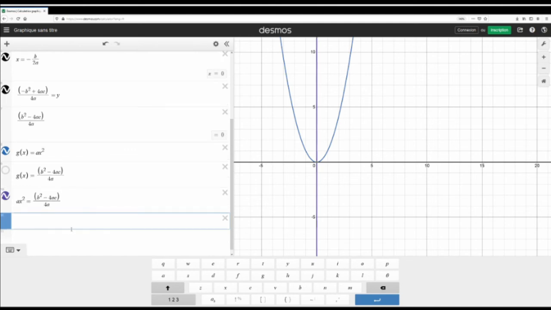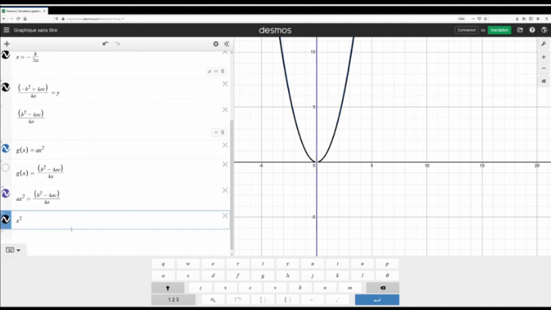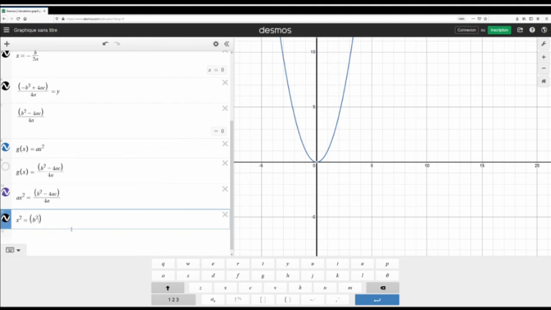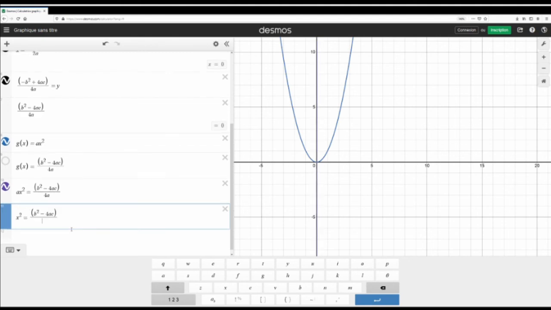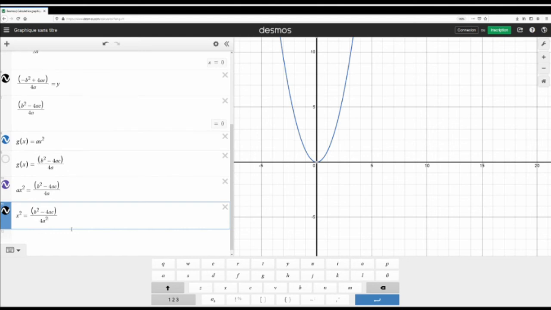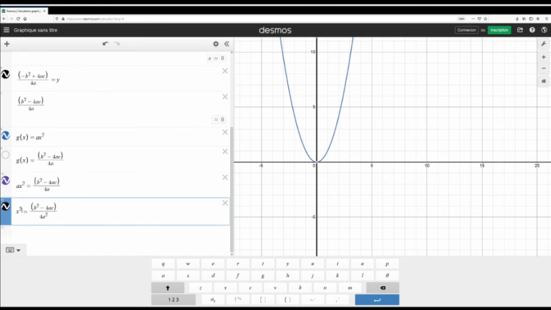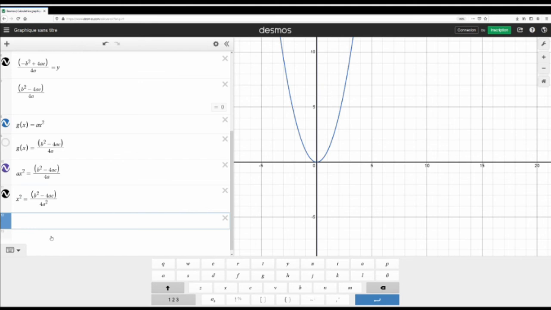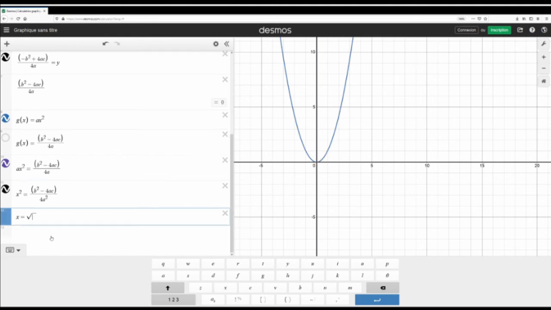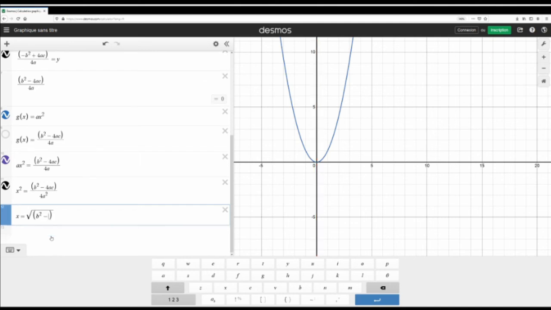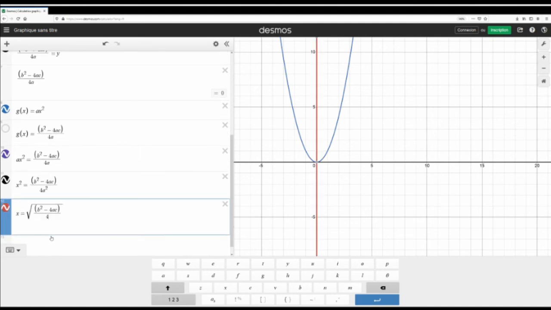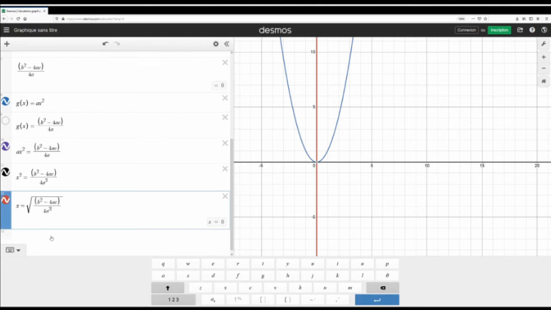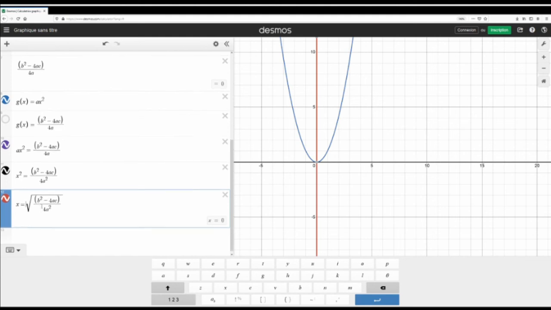We can just divide by a at first to get x squared equals b squared minus 4ac over 4a squared, because we divide by a. And now to get rid of a square term, we do a square root. So we get x equals square root of b squared minus 4ac over 4a squared. And we need a plus minus here, right, to consider the negative and the positive values that would square to make that.